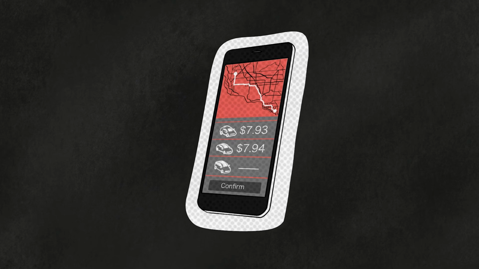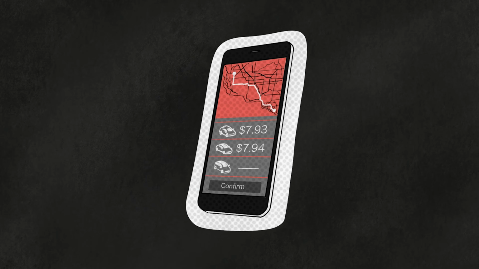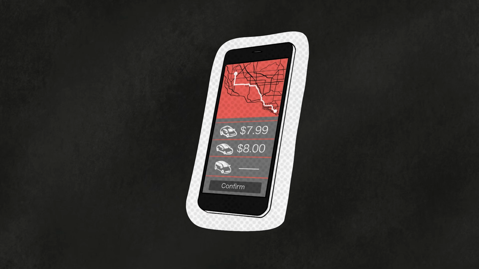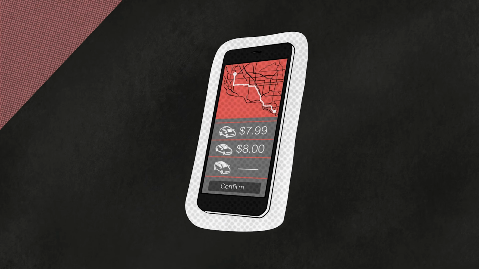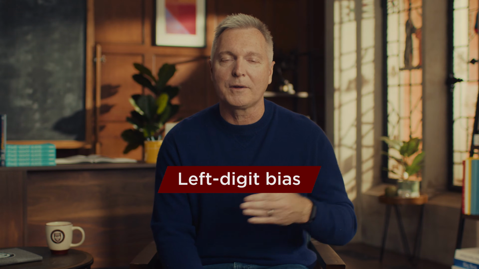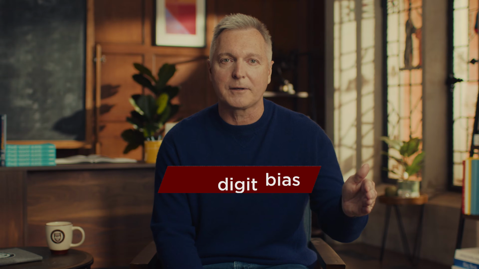You probably really didn't notice that 1 penny difference. On the other hand, if the price quote was $8 versus $7.99, that might have actually attracted your attention. This is called left-digit bias. A lot of times as humans, we focus on the leftmost digit.